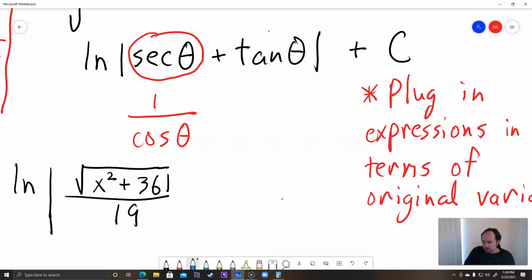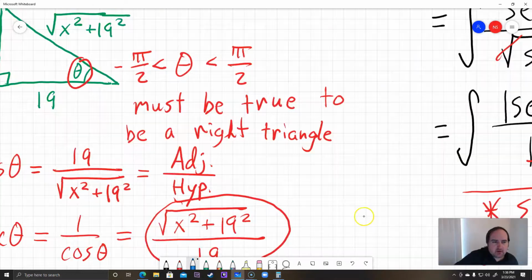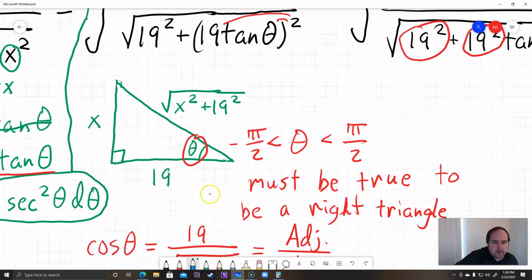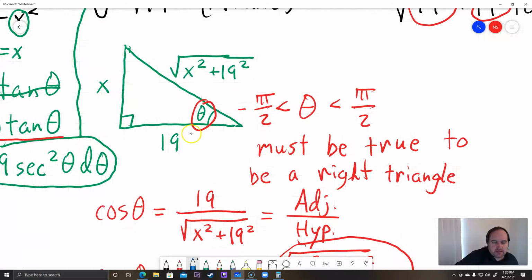And then in blue, let's do tangent of theta. So remember that tangent of theta is opposite over adjacent, SOHCAHTOA, TOA. So once again, going back to our right triangle, tangent of theta is opposite over adjacent, so it's actually just going to be x over 19.